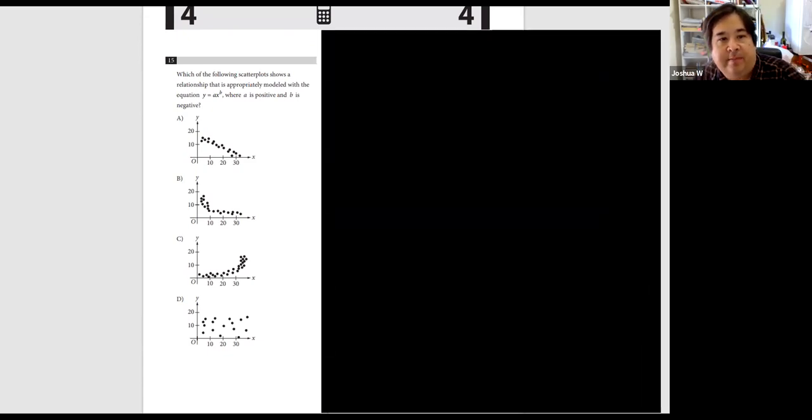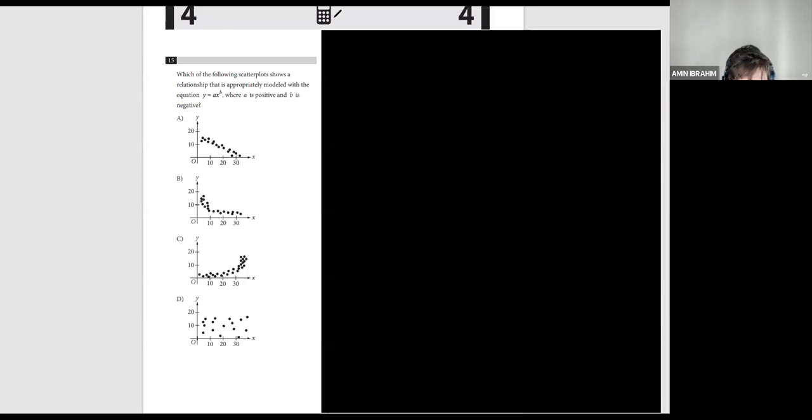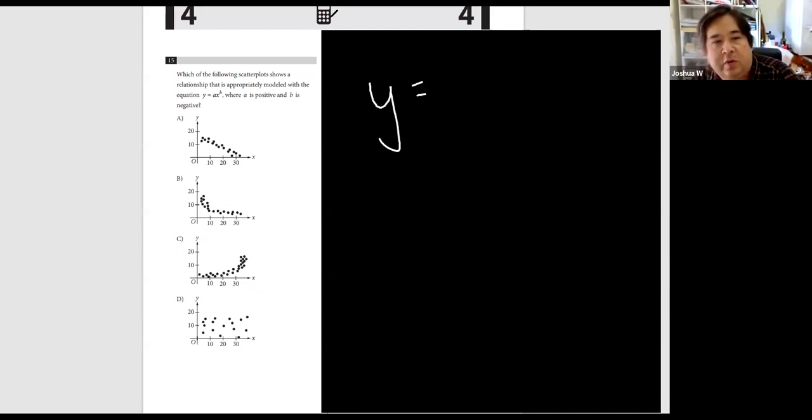I got this one wrong. I just took an educated guess. All right, I did A. Y equals, well, A is positive times X to the, like, a negative number.